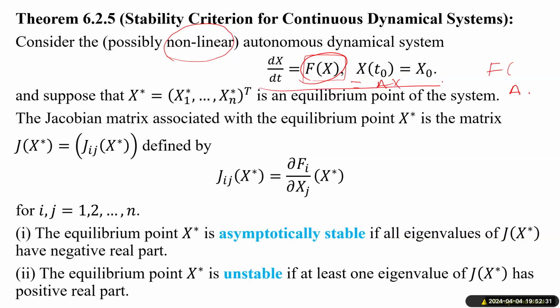This is my dynamical system, dx/dt equals f of x, and x of t naught equals x naught. Suppose my x star, that is x1 star and so on up to xn star transpose, is an equilibrium point of this dynamical system.